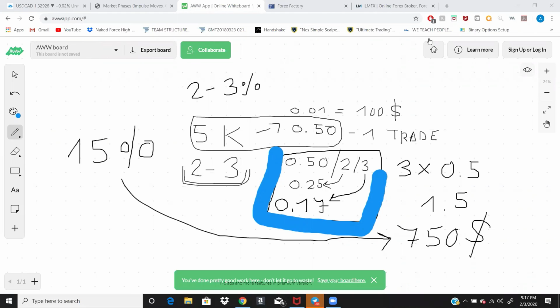Let me know if I need to repeat this, if you understood or you misunderstood.